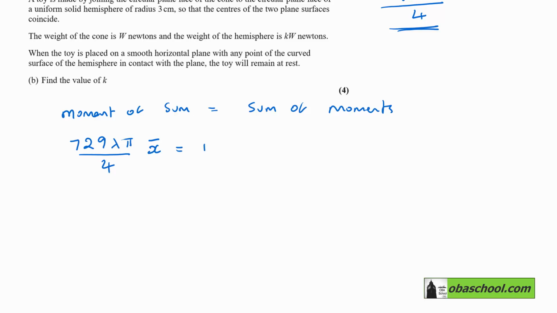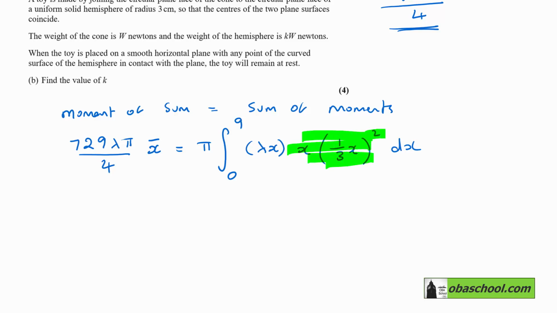The sum of the moments is going to be pi times the integral from 0 to 9 of lambda x times x times (1/3 x) squared dx. This part here and the pi in front are just part of the standard integral where we do the integral of x y squared, and once again the lambda x in here is to deal with the non-uniformity.